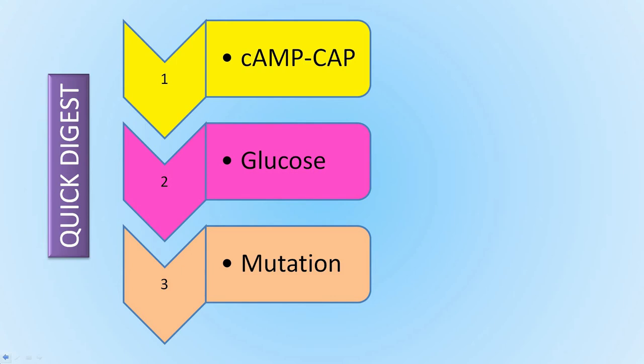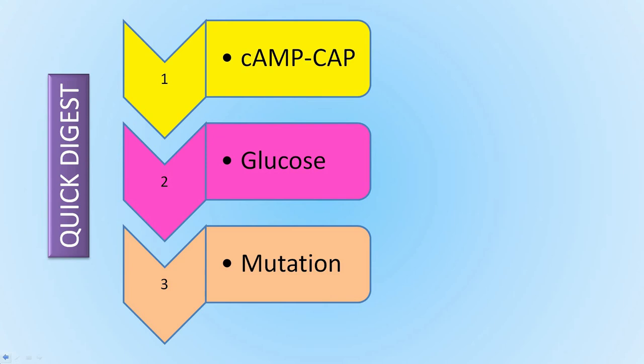So first, cAMP and CAP form a complex, and this complex will bind to the CAP binding site located in the upstream region of the promoter, and thereby induces the binding of RNAP to the promoter.